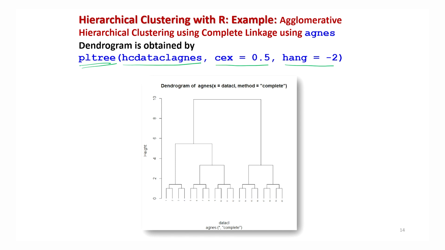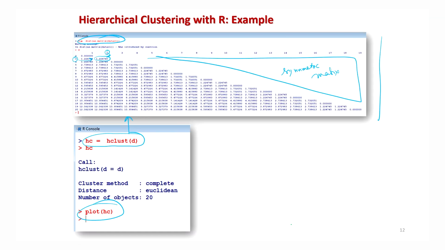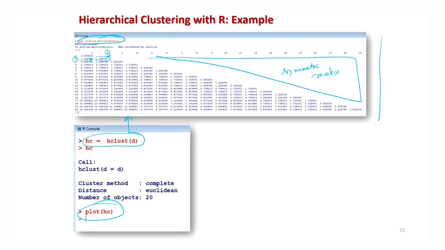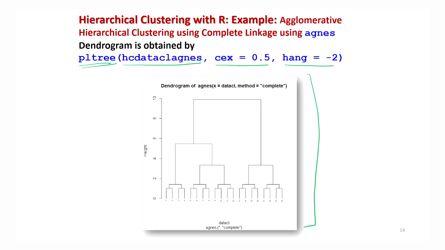This is the dendrogram you have obtained for this data set. You can see these two are similar, these two are similar, these four are similar, and so on. That is why you have this dendrogram.